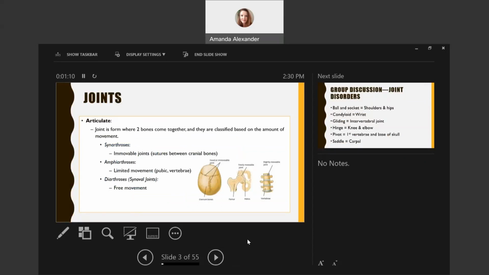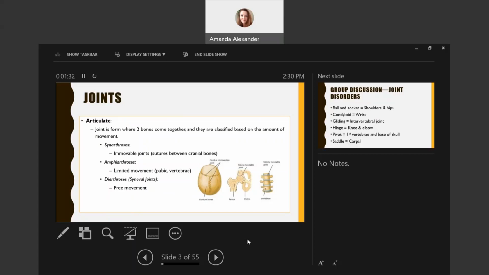Here are a couple of pictures of some joints. So articulate joints, there are three different types. Synarthrosis are immobile joints. They're like the sutures between the cranial bones. Amphiarthrosis are limited movement or pubic vertebral joints.